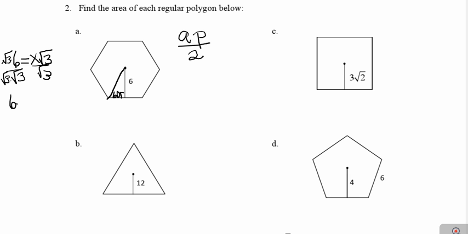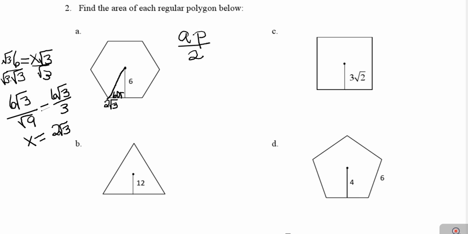And I get 6 square root 3 over the square root of 9, or 6 square root 3 divided by 3, which reduces to 2 square root 3. That's equal to x, and I know x is across from the 30-degree angle.